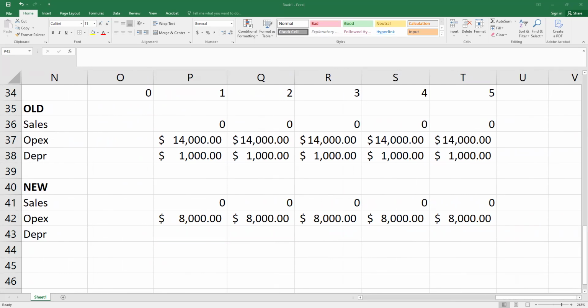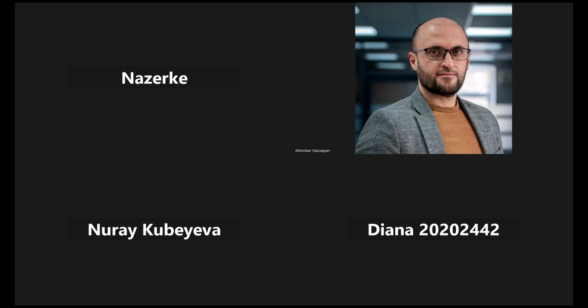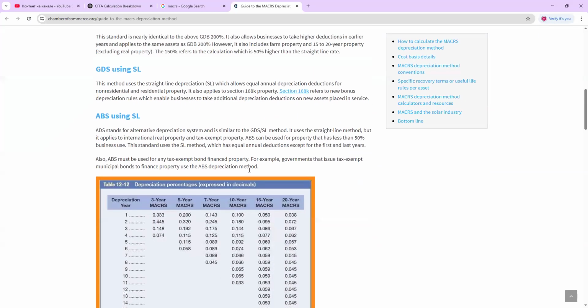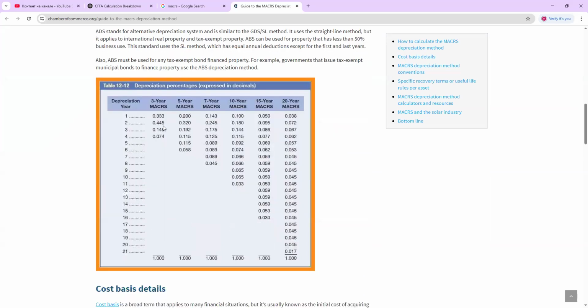Here we go. Okay, there's the MACRS table. Okay, 3 years is here: 33, 45, 15, and 0.07.